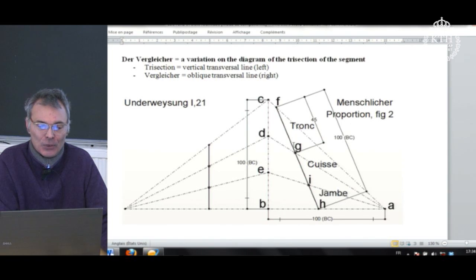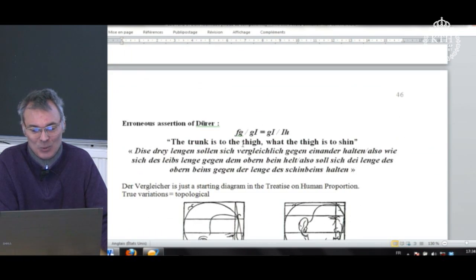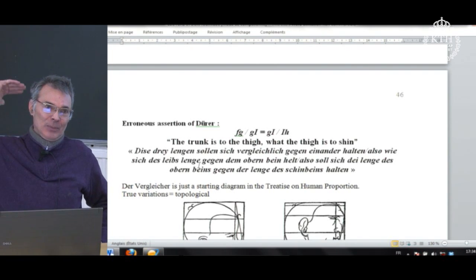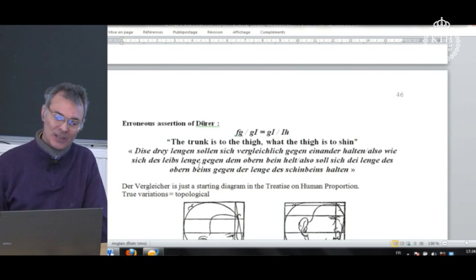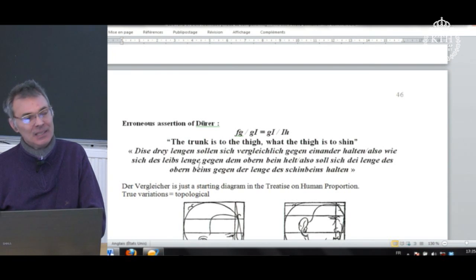He says that the three sections here, it's written in German, but what it means is that the trunk, this part of the body, is to the thigh as the thigh is to the shin.